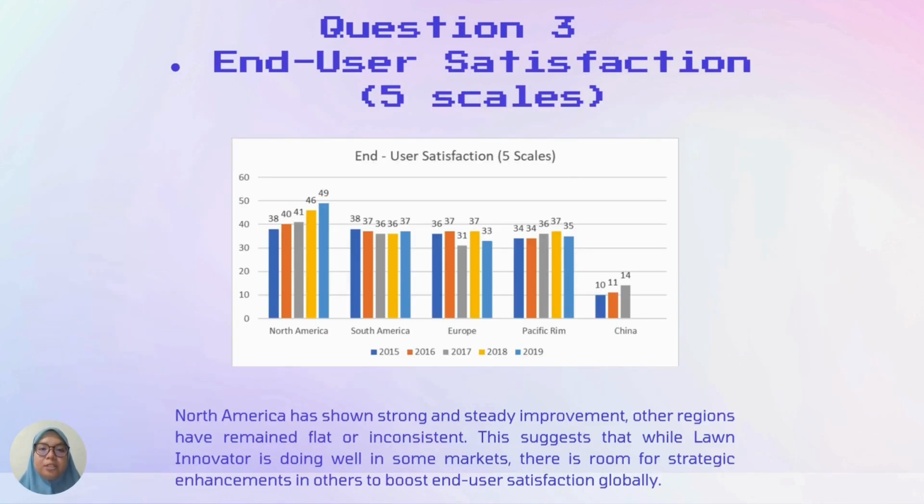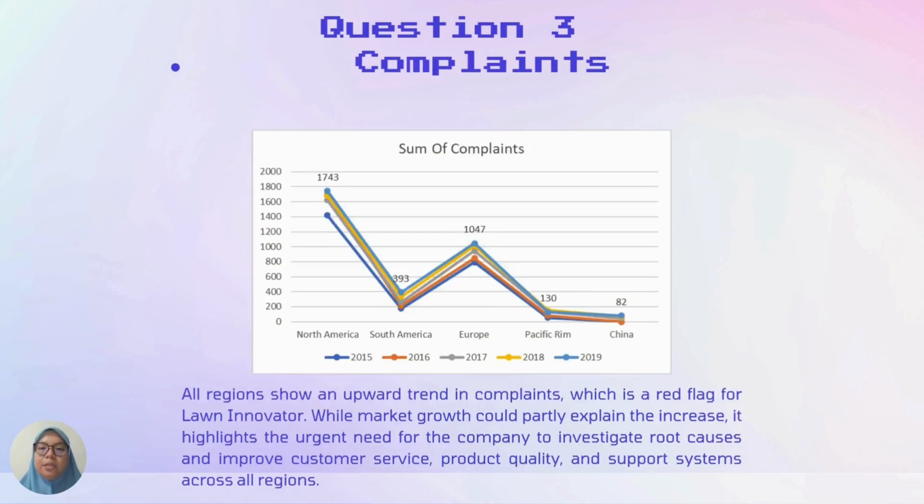For end user certification, on the 5 scale, North America has shown strong and steady improvement. Other regions have remained flat or inconsistent. This suggests that while Lawn Innovator is doing well in some markets, there is room for strategic improvement in order to boost end user certification globally.